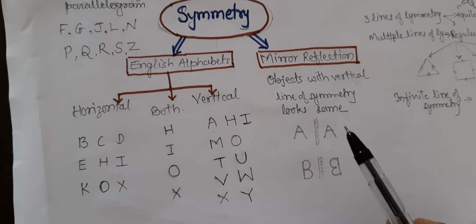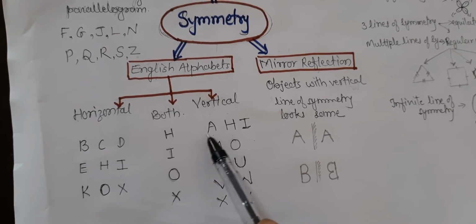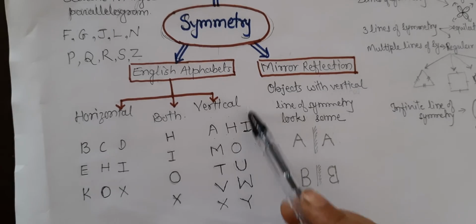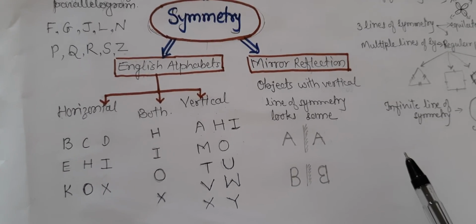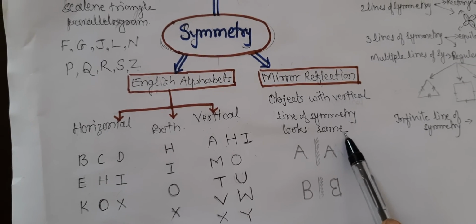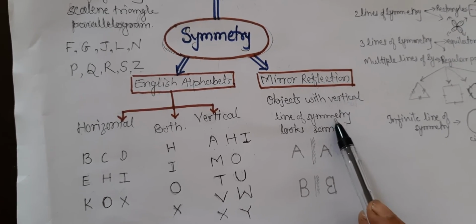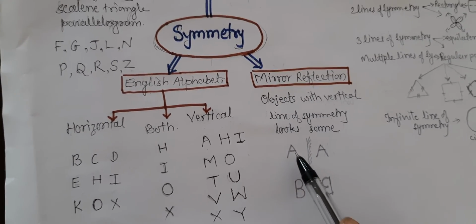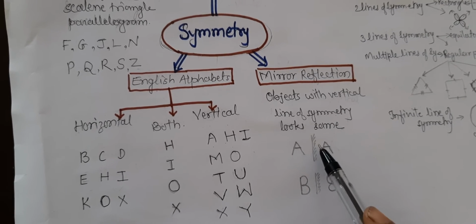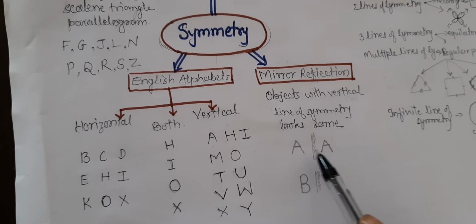If a figure has a vertical line of symmetry, its left and right are equal because of this line of symmetry, and hence all figures which have a vertical line of symmetry will look the same after reflection. For example, if A is kept in front of the mirror, then the image of A will be like this, it means it will be the same.